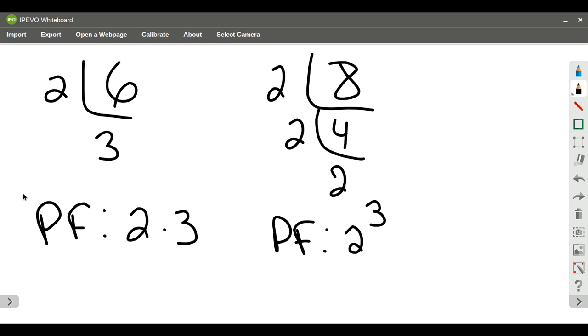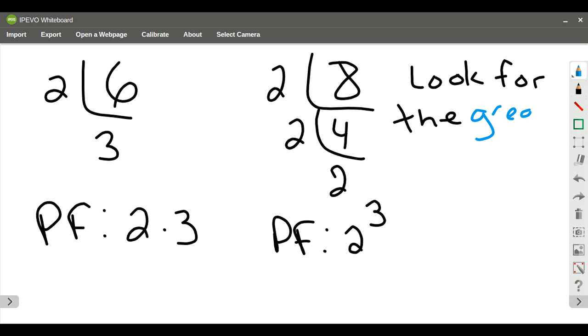And so when I'm finding the LCM, what I want to do is look for the greatest number of times each factor appears in the prime factorization. Let me pop this over to blue so it's a different color.